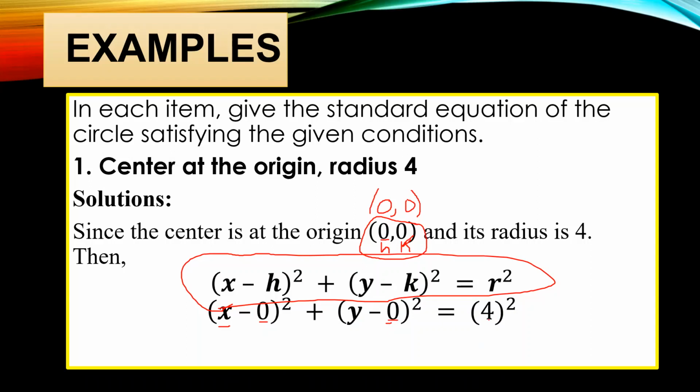Why 4? Because the radius r is 4. So therefore, we have x squared plus y squared is equal to 16.